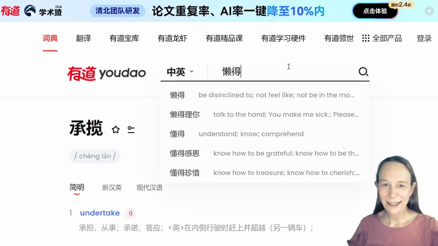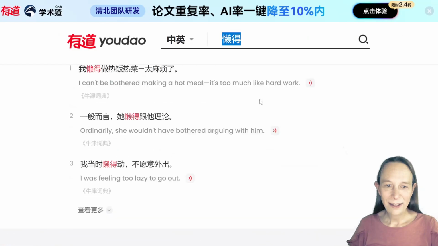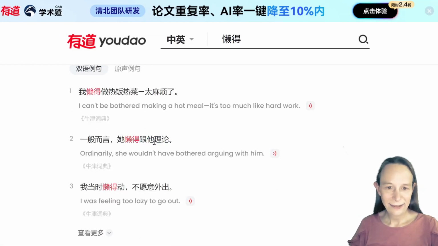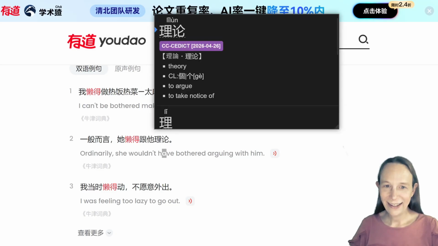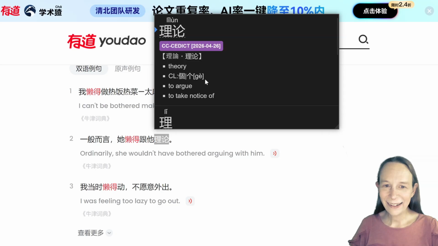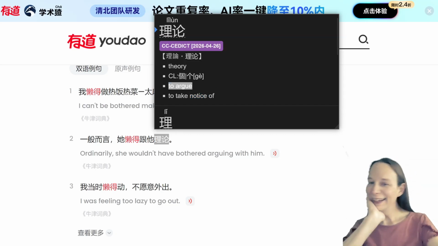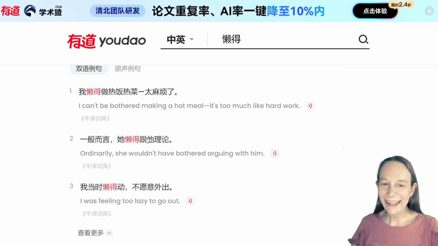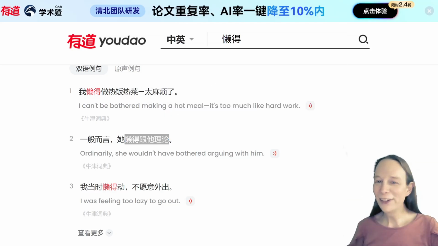我懒得什么? 他懒得跟他理论. What is 理论? Theory. 我跟他理论. Oh, I didn't know 理论 has another meaning. She's disinclined to argue with him.